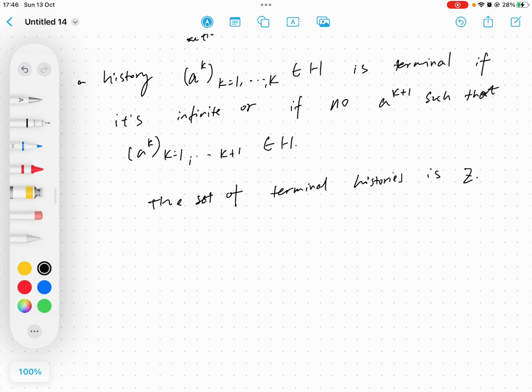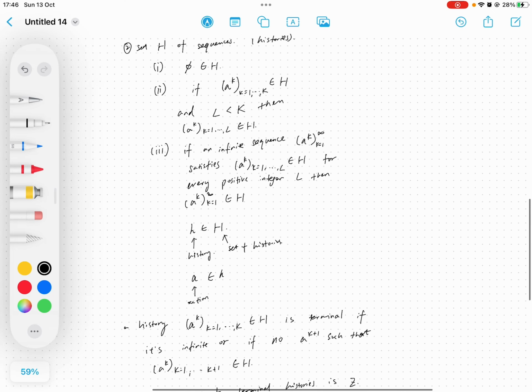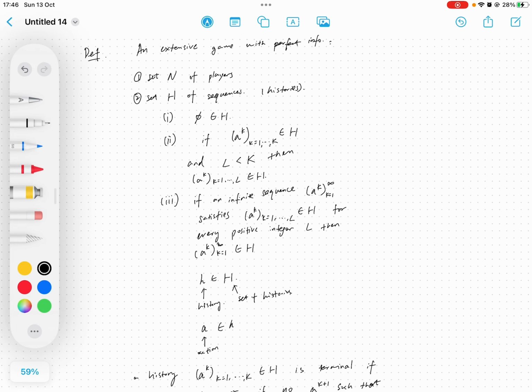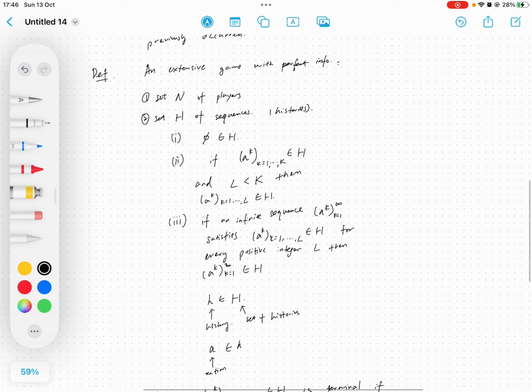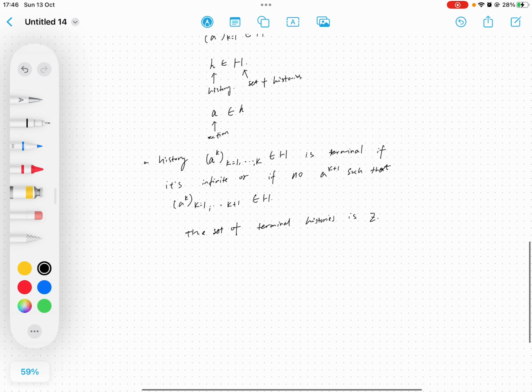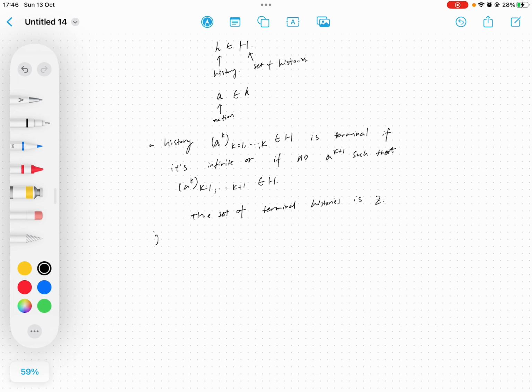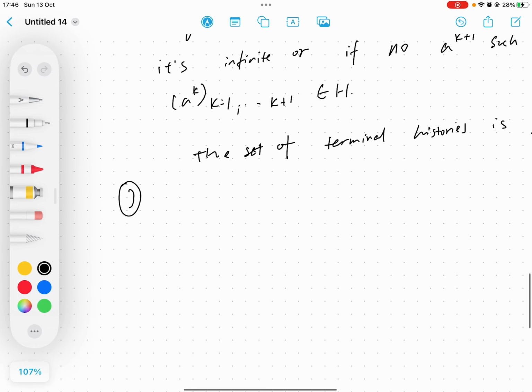Okay, so that's the second requirement for an extensive game, right? That's the second ingredient. About the third component, there are so many math notations, right?